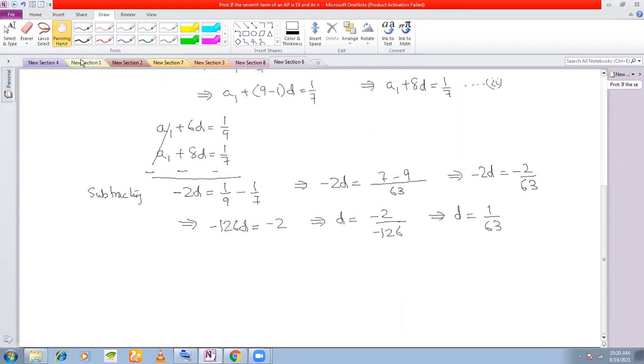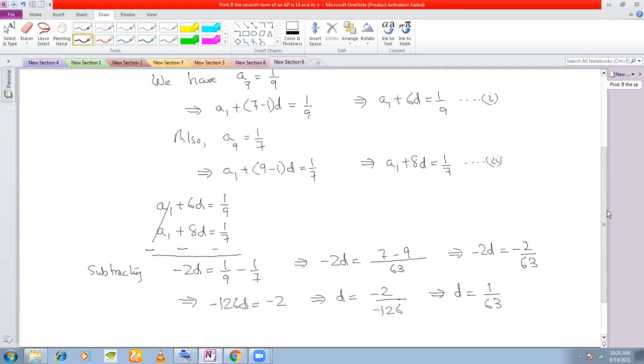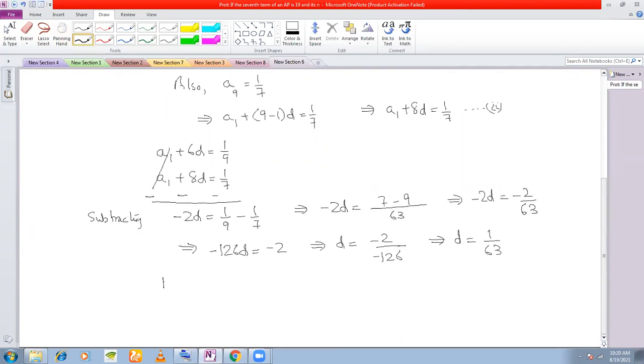Now what about the first term? You can put the value of D in any one of the equations. Let us put it in equation number 1. From 1, A1 plus 6D is equal to 1 by 9. A1 here we have to find out. 6D here is 6 into 1 by 63, is equal to 1 by 9.